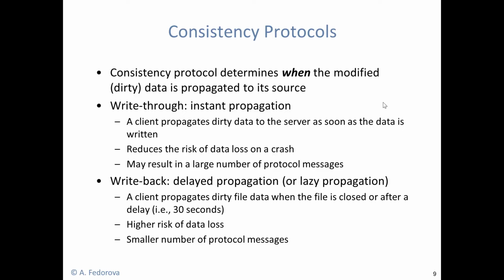Basically, a client propagates dirty data when the file is closed, or after a delay, or on some other event, such as a specific commit request from the user. This results in a smaller number of messages in a consistency protocol, but of course incurs a higher risk of data loss.